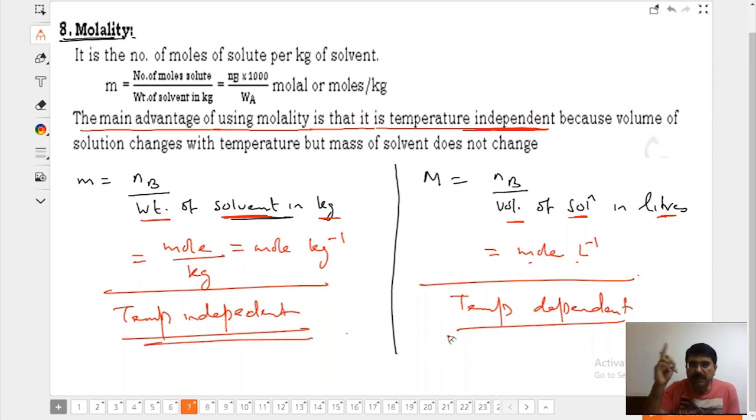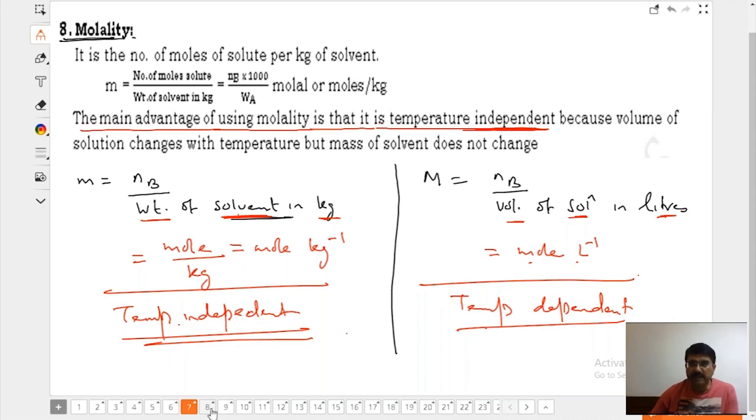What is molality? What is molarity? What is the difference between the two? It is weight of solvent versus volume of solution in liters. Dimensions are different, and one is temperature independent while the other is temperature dependent.